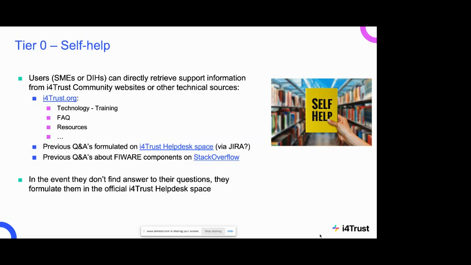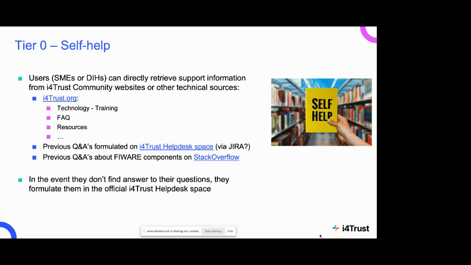So on one side, we have the I4Trust.org website. We have there a number of resources, spaces that we will ask everyone who approaches us to first take a look at. This should be well described at the forefront of the I4Trust help desk space, giving the links to all the resources that are available.